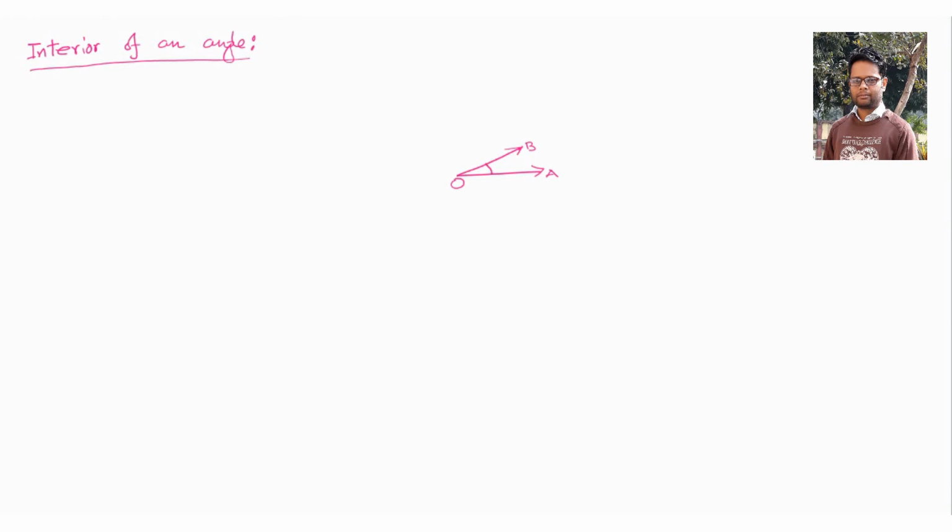If you extend this line up to this, and extend this line from this, this is the shaded portion. The interior of an angle is a region that lies within an angle. The shaded portion is called the interior of the angle.